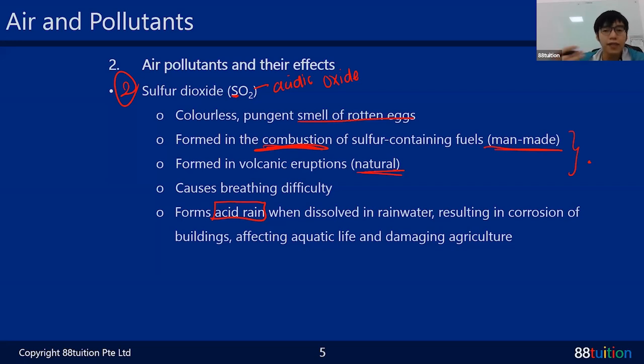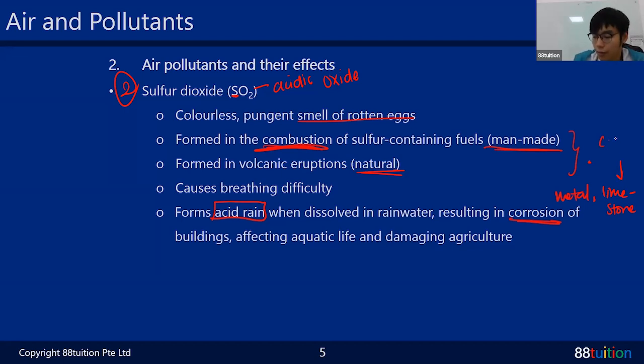So it forms acid rain, but the consequences is not that it forms acid rain. The consequences is what does acid rain cause? When acid rain touches things like buildings that are made out of metal or limestone, it can cause corrosion of metal and limestone buildings, because acid can react with metal, and acid can react with carbonate.